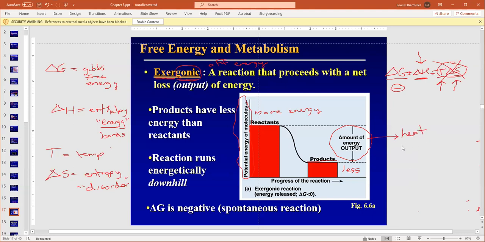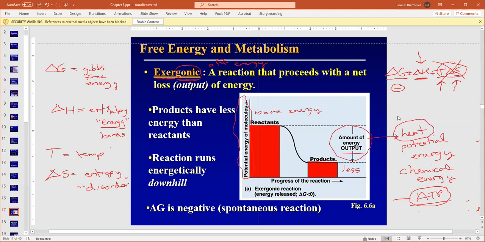It can be output as another form of potential energy, which is chemical energy, and our chemical energy is ATP. So generally, when we do this sort of reaction for respiration, the amount of energy output is going to be in the form of ATP. And you're always going to lose some energy as heat.